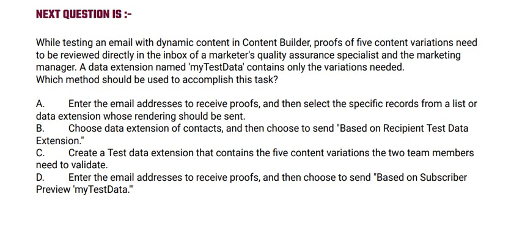Option C, create a test data extension that contains the 5 content variations the two team members need to validate. Option D, enter the email address to receive proofs and then choose to send based on subscriber preview my test data. The correct option is option A.